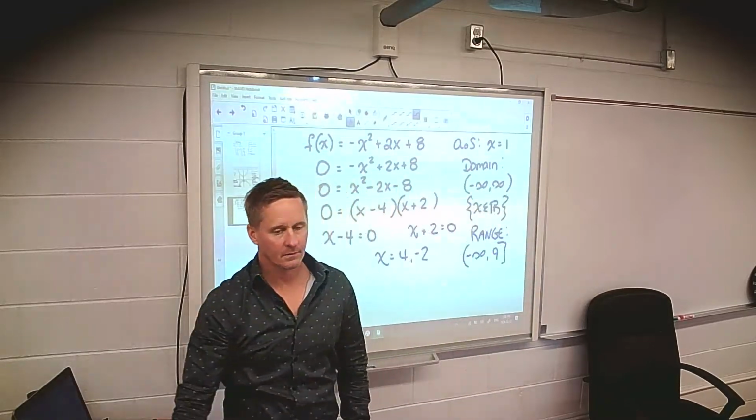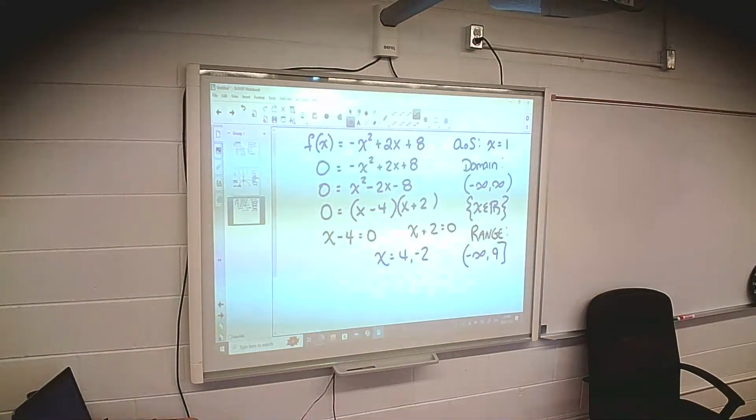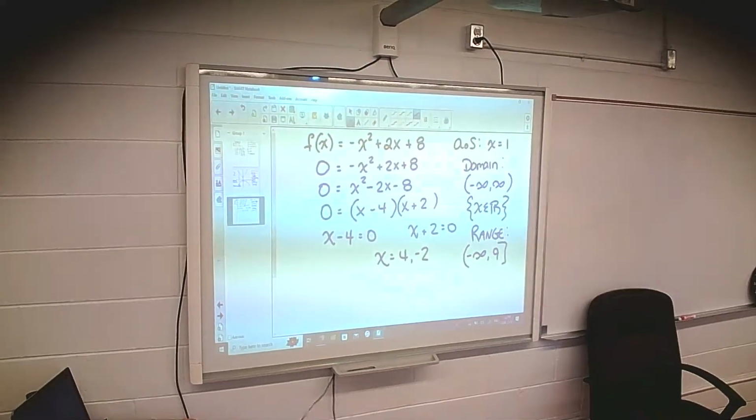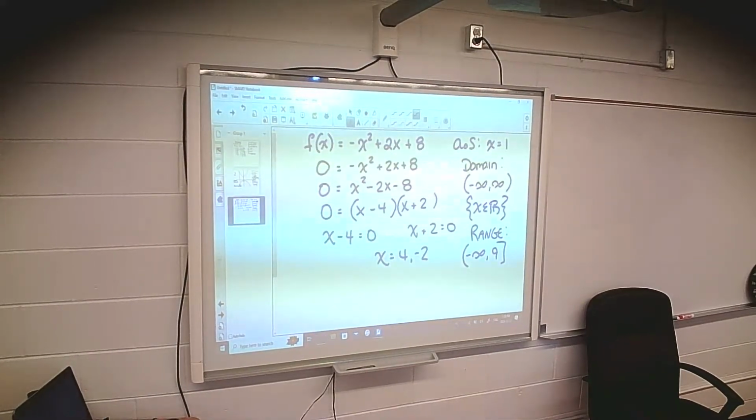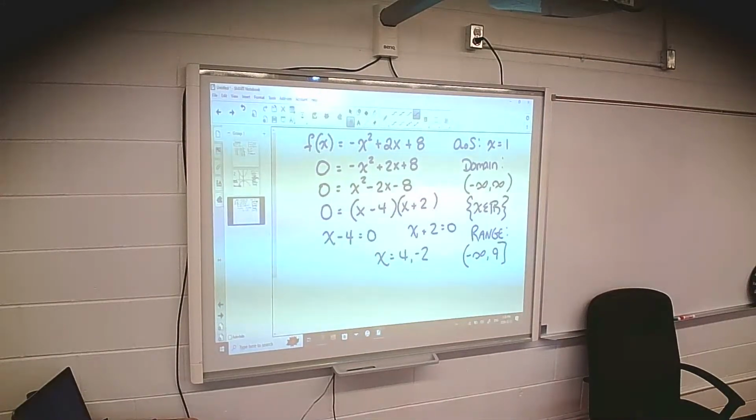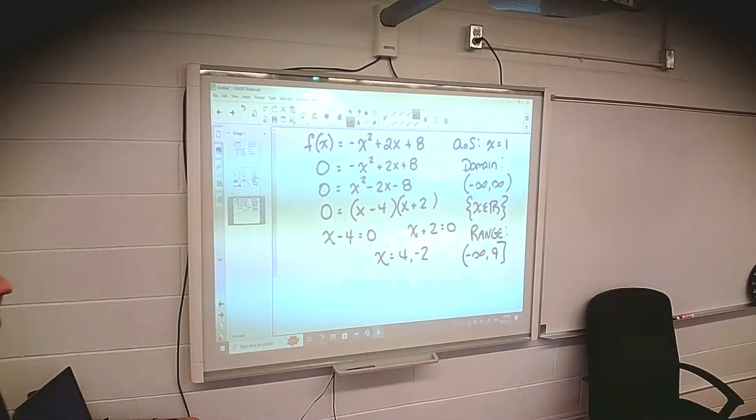If I do it the other way, then it means that the 9 is the lowest and the infinity is the highest. So it's negative infinity up to 9.